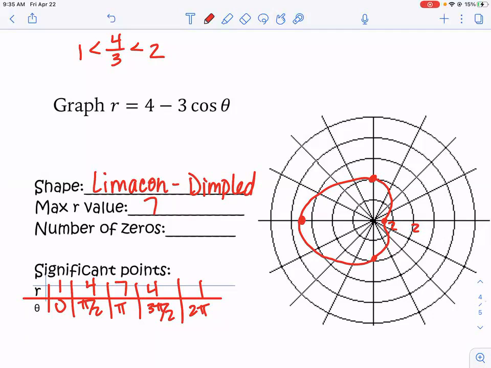Does not look like it. How many times did we go through the pole? We didn't go through the pole at all, people. Pole's right here. We don't have any zeros because we didn't go through the pole.